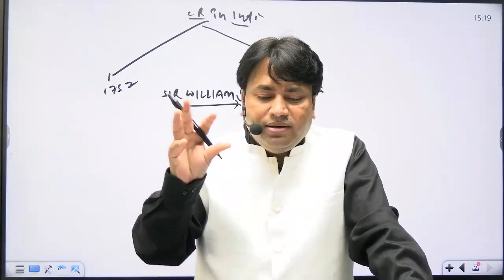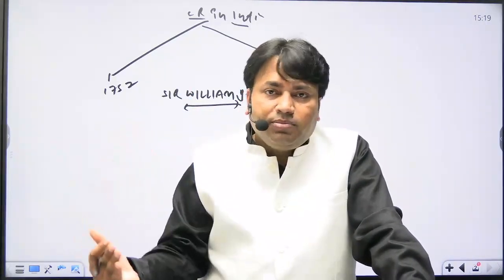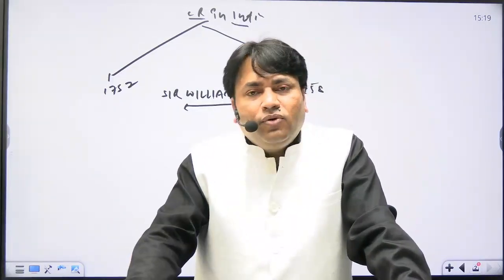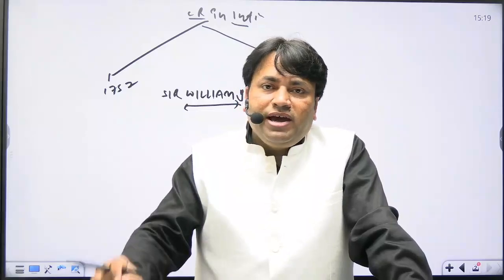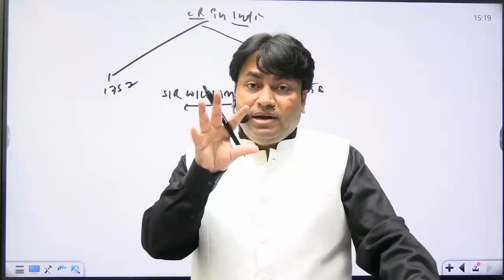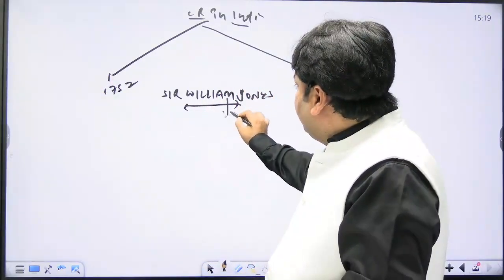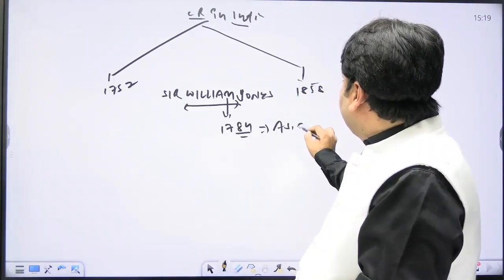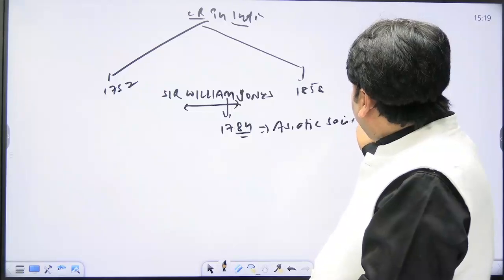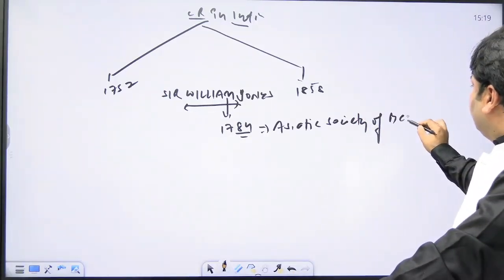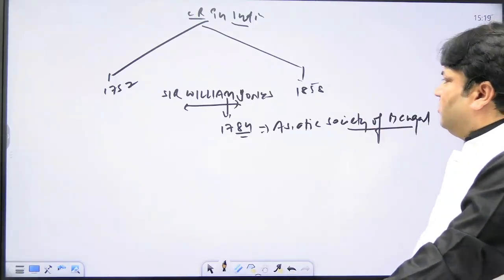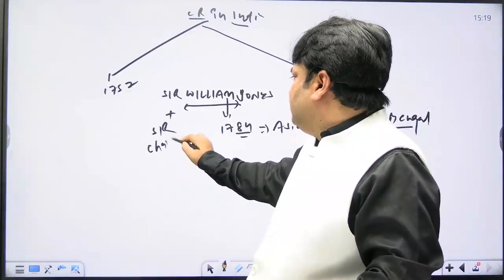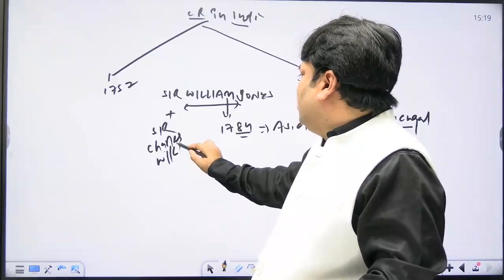And this Sir William Jones, with the help of another person named Charles Wilkins, in 1784 laid the foundation of the Asiatic Society of Bengal. This is a prelims question also. This is very important. In 1784, who laid the foundation of the Asiatic Society of Bengal? The answer is Sir William Jones, with the help and support of Sir Charles Wilkins, right?